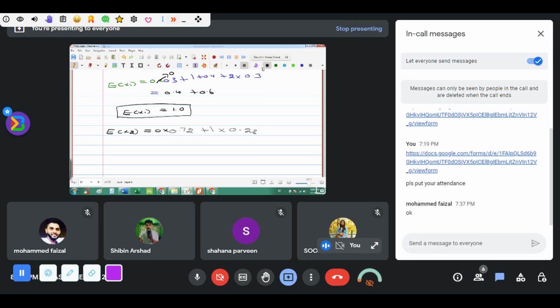Then what is the mean value for x2? E of x2 is 0.28.